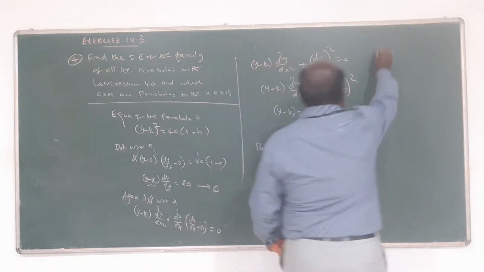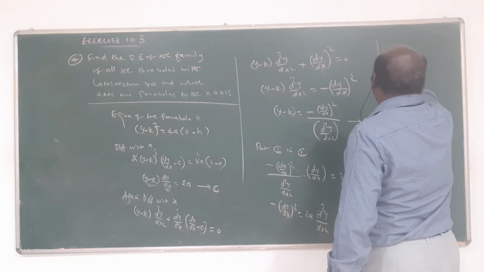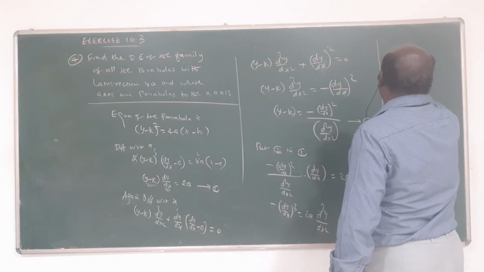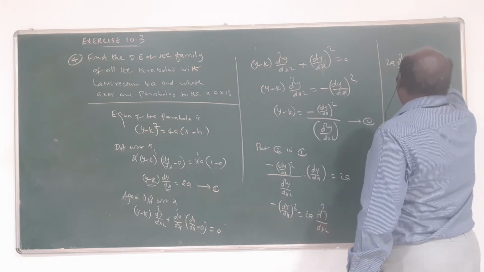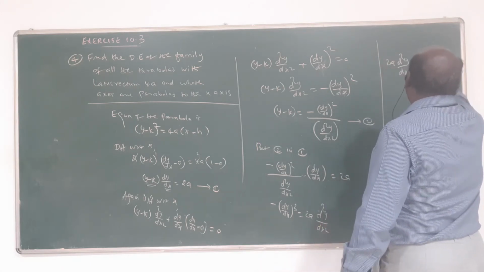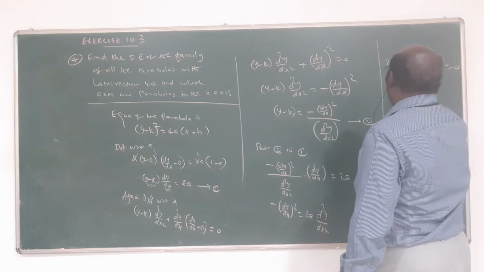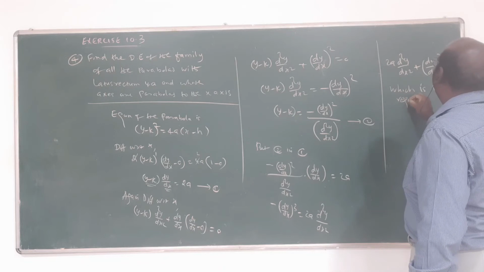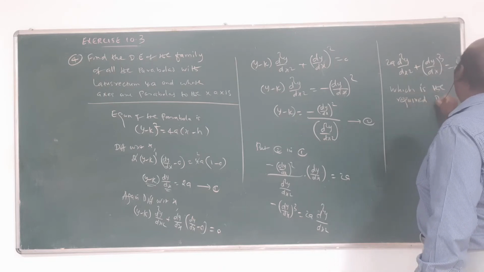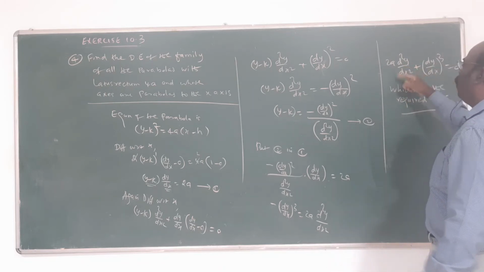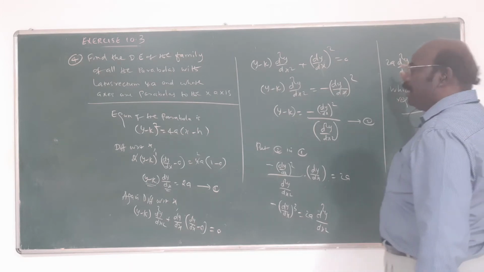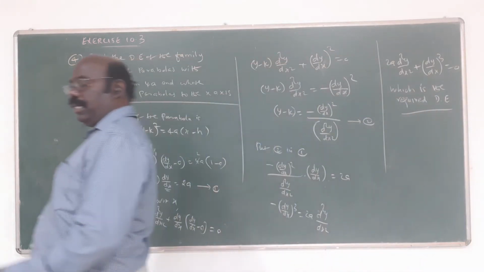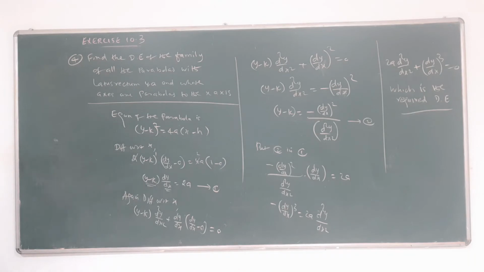Now arrange the equation: 2a into d square y by dx square plus (dy by dx) whole cube equal to 0, which is the required differential equation. Agree or no? We don't want h comma k. A will come, that's not a matter. We don't want h comma k, that's very important.